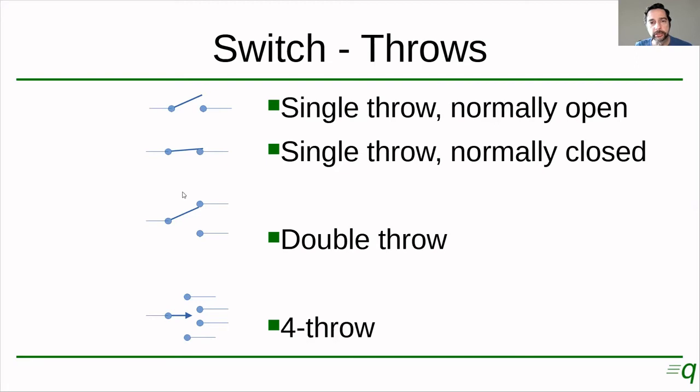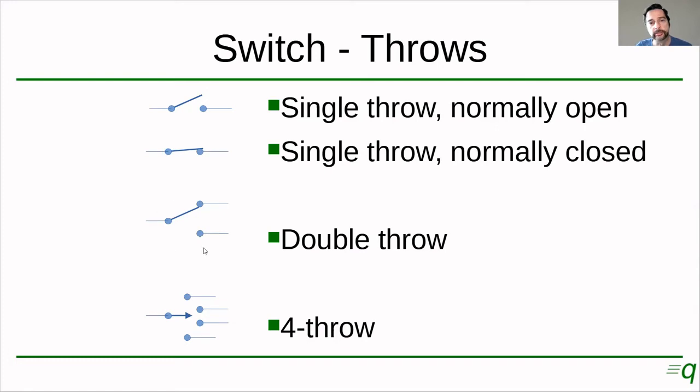This is an example of a double throw switch, where this middle point can connect to this circuit or this circuit. So in one position it connects to this circuit and in the other position it connects to this circuit. For instance, we could have a mechanical switch where one position connects headphones and the other position connects speakers.